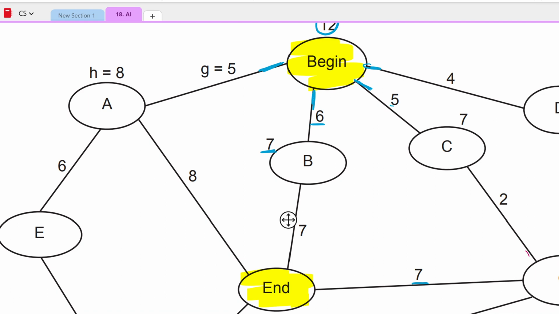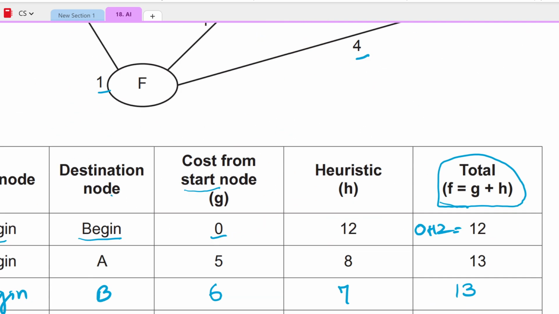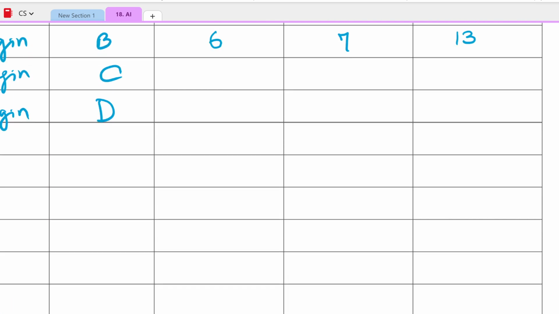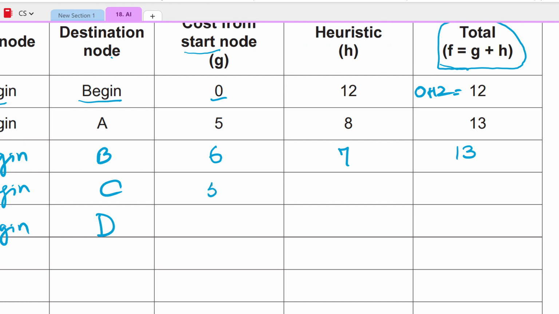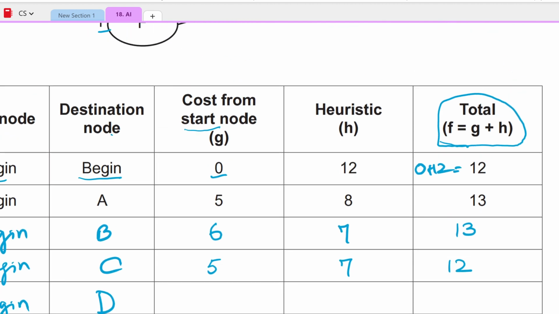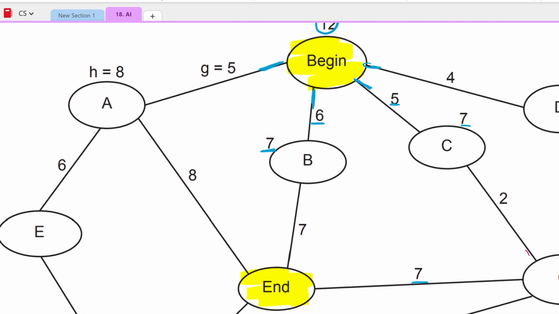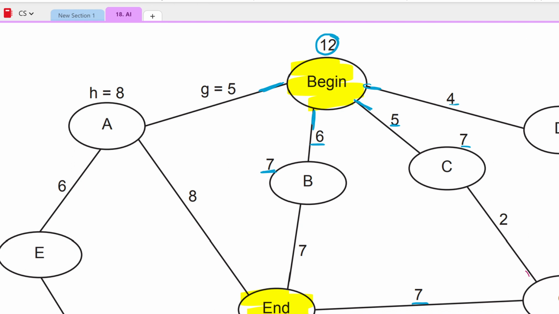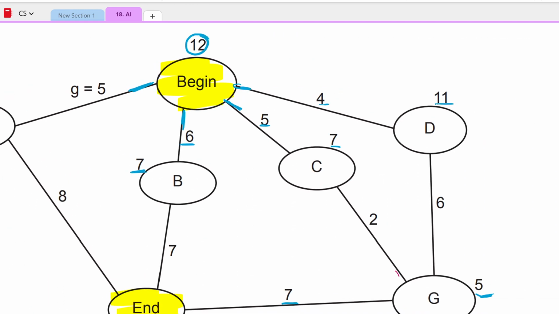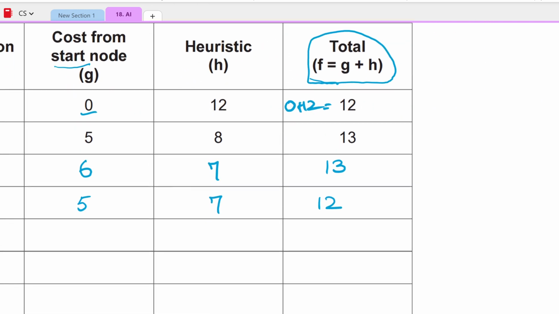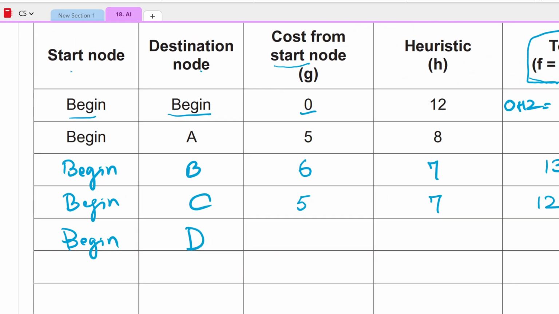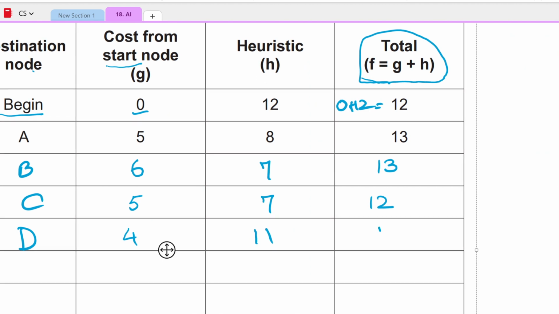For C we have 5 and 7. So G is 5 and heuristic is 7. Our total function cost F becomes 12. Then for D, G is 4 and H is 11. So from begin to D, 4 and 11, which becomes 15.